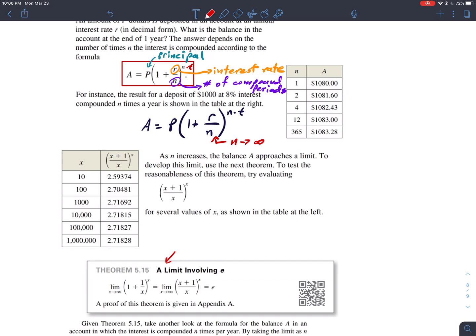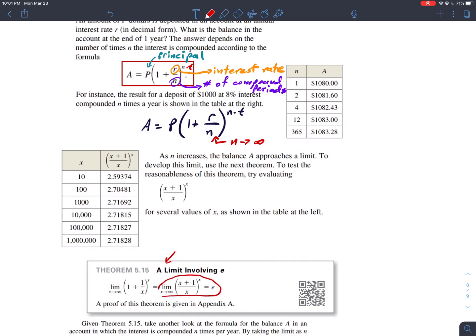Basically, the theorem says that if you take the limit as x approaches infinity of 1 plus 1 over x, to the x power, then through a little bit of simple algebra, you could rewrite the expression inside the parentheses as x plus 1 over x. And then as x approaches infinity, this limit actually turns into e.